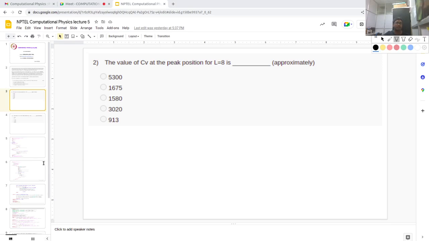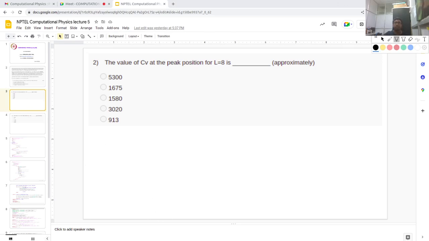So I have given that if CV8, which is the array of CV for L equals 8, equals max val, that means it will give me the maximum value of this array, then I am going to print that peak value of CV for L equals 8 to be CV8, and similarly for CV9, that is L equals 9.